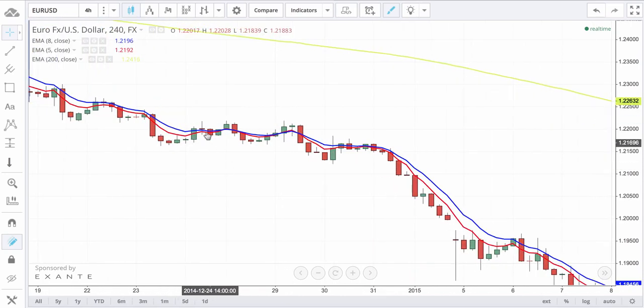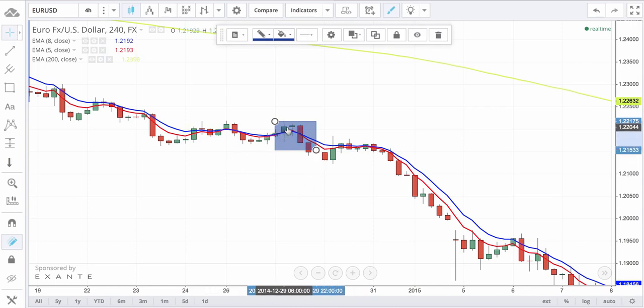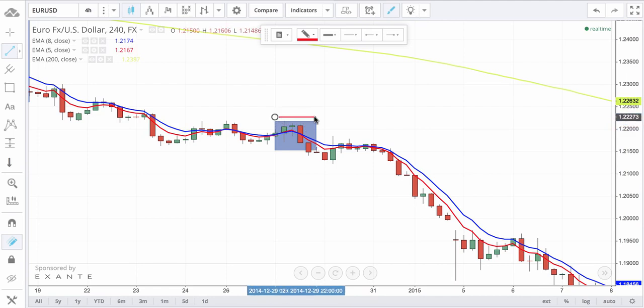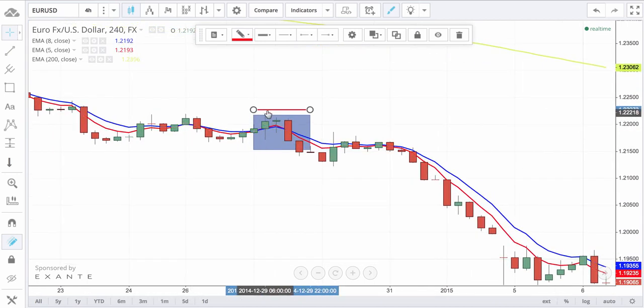So if I zoom in here, you can see that the first place that this happens is basically right here. We have a bullish crossover, which I'm not considering as a signal to go long, and then we have a bearish crossover, and that's what I'm looking for. This area here is exactly giving me what I'm looking for, and after I have a signal, I'm looking at the high of this session here, and I'm placing my stop like 10 points above the nearest swing high, which is this level here.